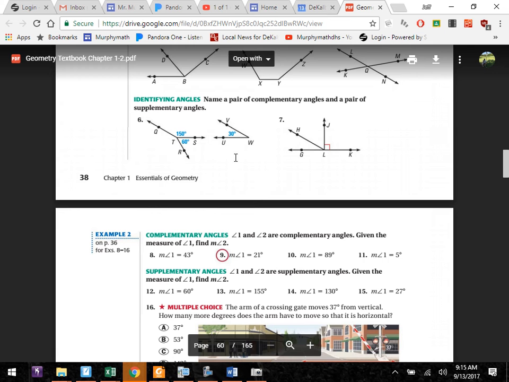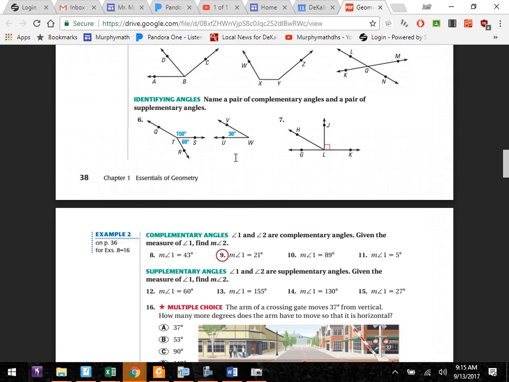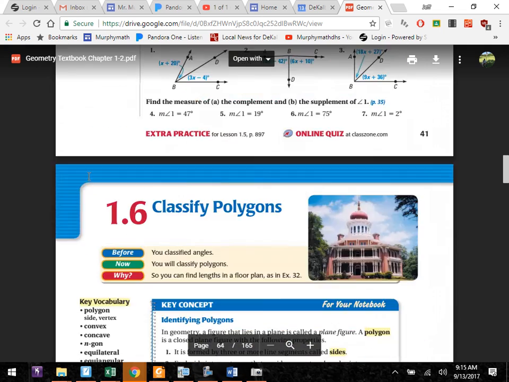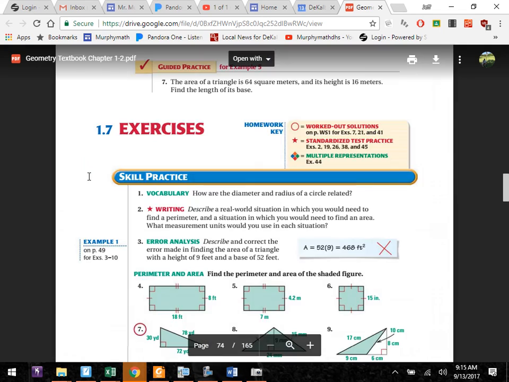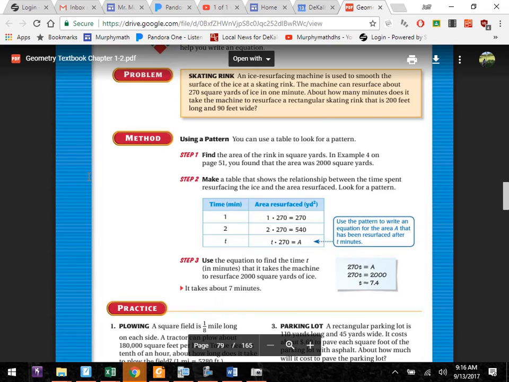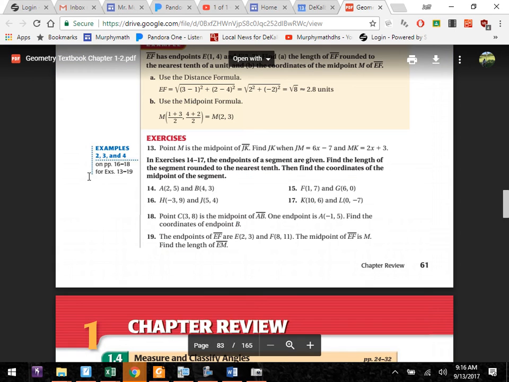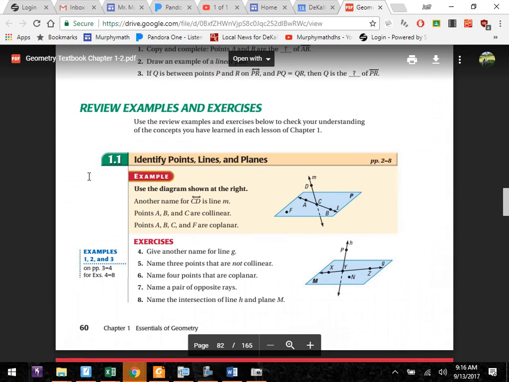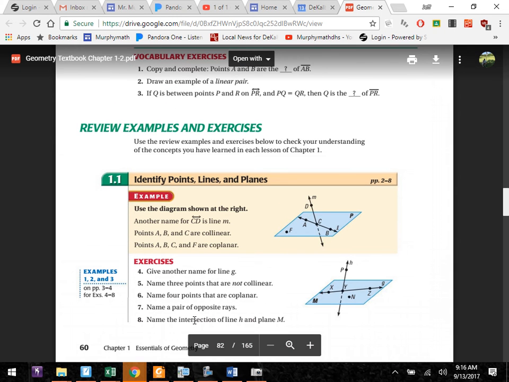So you need to look at the actual textbook page. Here it says page 38. I need to get down to page 60. So here's my page 60, starts here. According to the PDF file, it's page 82, but the actual textbook is page 60, and these are the chapter review problems.